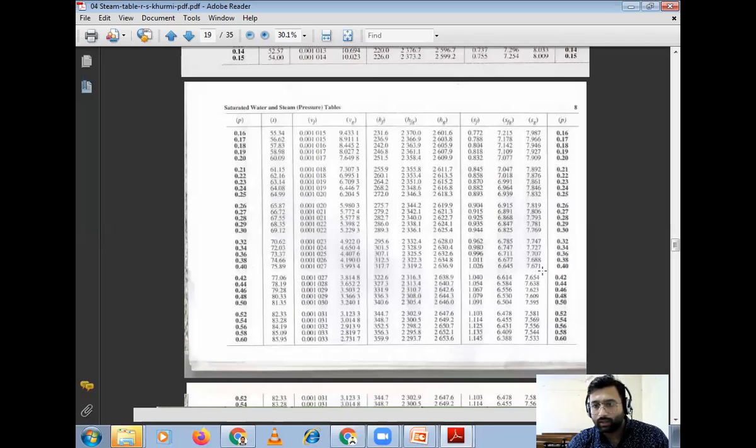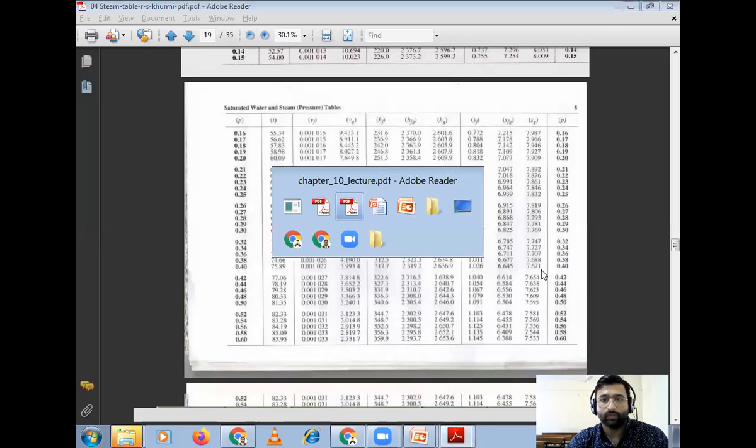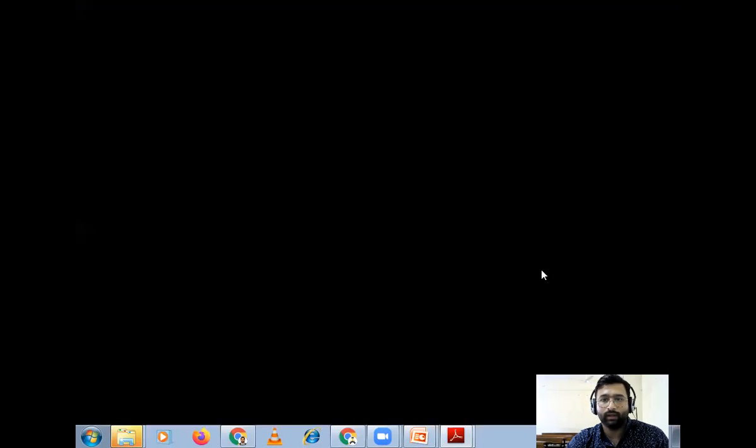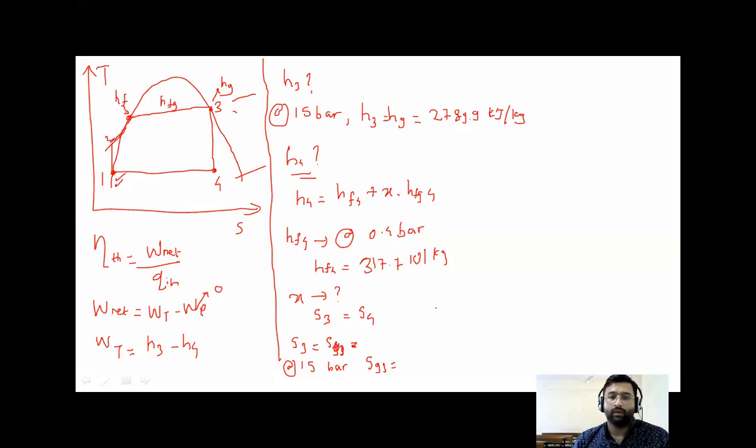Sg is how much here? 7.671, correct? Those who are not understanding can ask, no problem. Entropy at point 3 will be the entropy of dry saturated steam at 15 bar. So here Sg3 is 7.671 kilojoule per kg Kelvin.